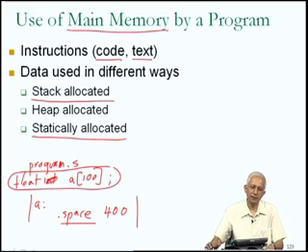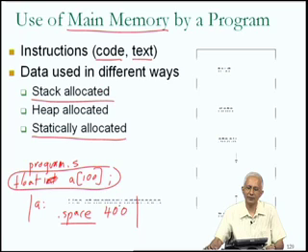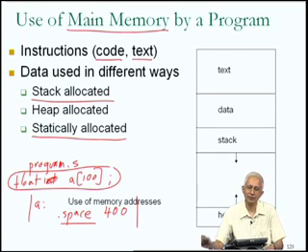So the net effect is that if I wanted to draw a diagram which shows me what all is in memory when a program is executing, the diagram would look something like this. First and most important is probably the text or code corresponding to the program, that is the instructions of the program. This would typically occupy the low memory addresses associated with the program, so memory address 0, etc.